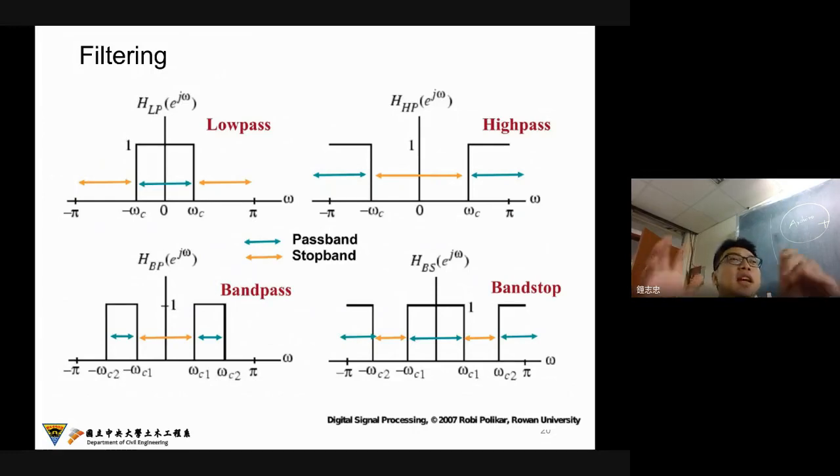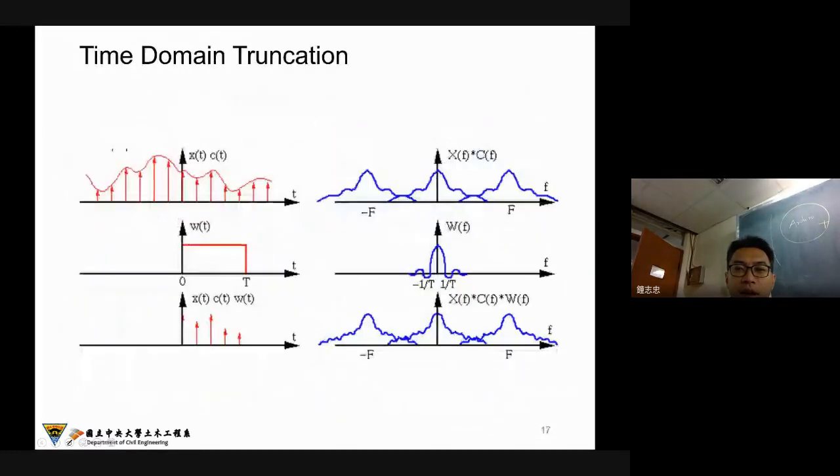So if you already understand the time domain and frequency domain spectrum, here this is the frequency. For example, right now I have a frequency like this one. If I have a window here, let only this pass through. The other, delete.